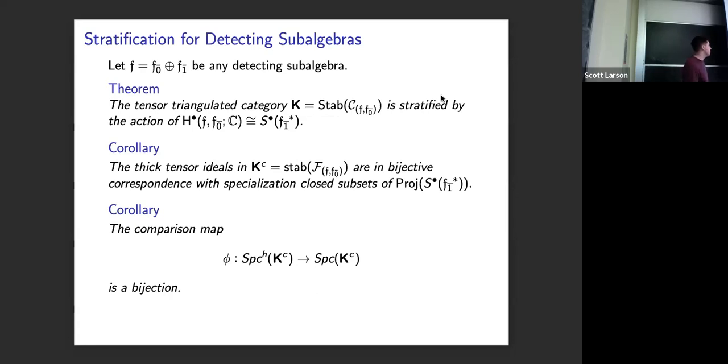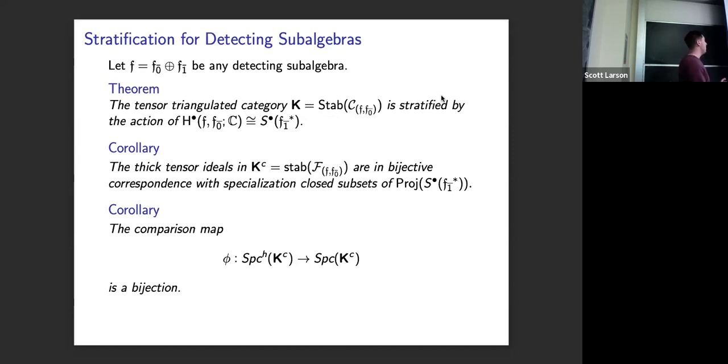And so we have the corollaries that come from the consequences of stratification. We know that thick tensor ideals are in bijective correspondence with specialization closed subsets of the projectivized cohomology ring.